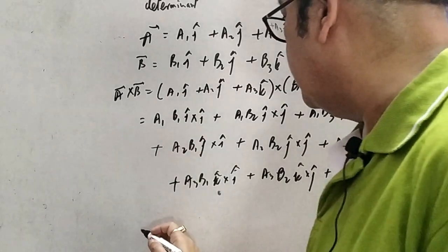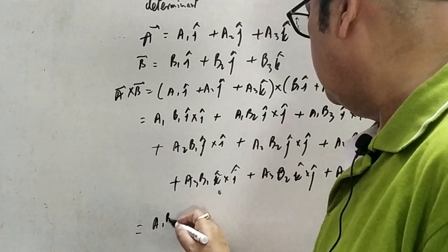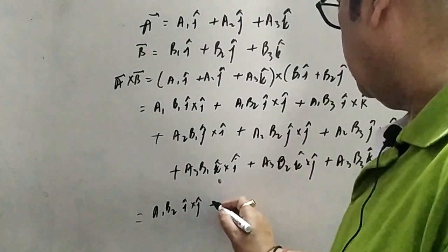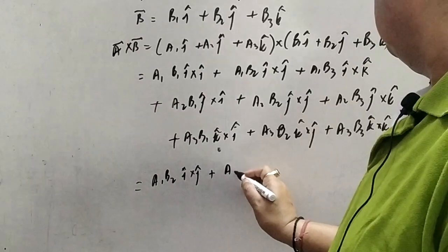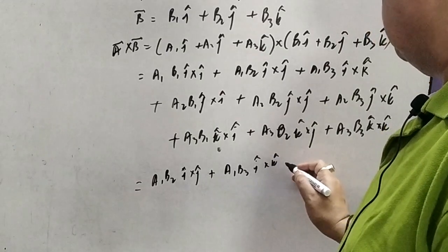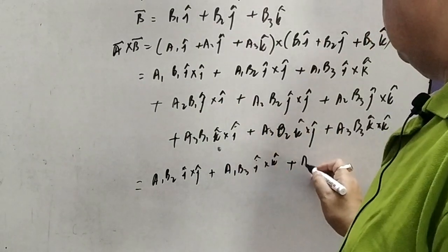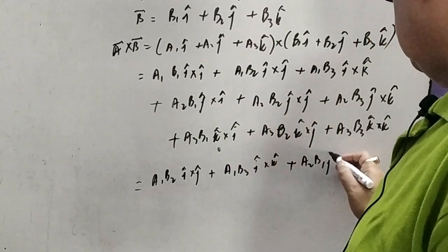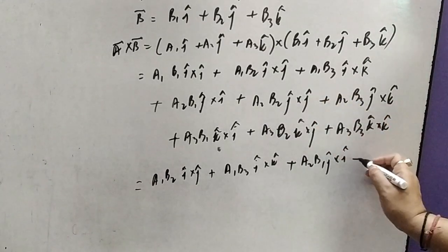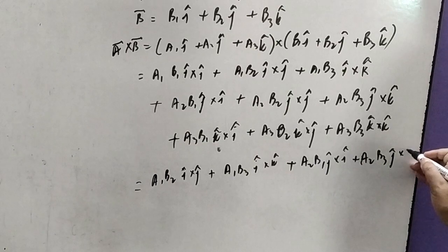Then ultimately we are left with, this is cancelled, we are left with A1 B2 I cross J plus A1 B3 I cross K plus next one, A2 B1 J cross I. This is again cancelled. Here we have A2 B3 J cross K.